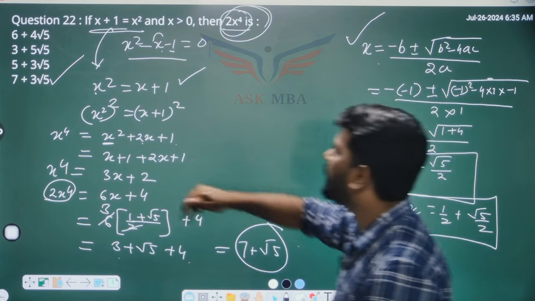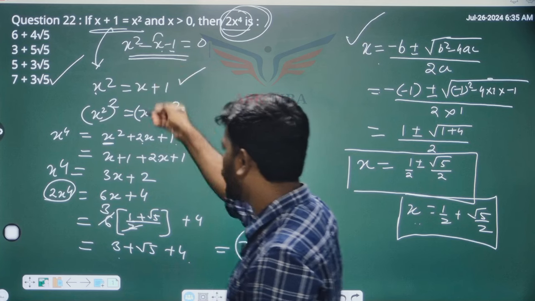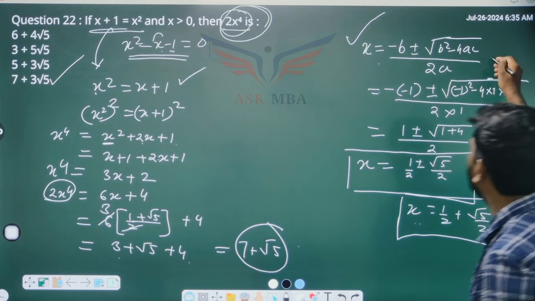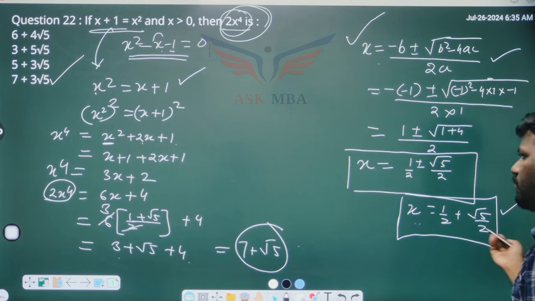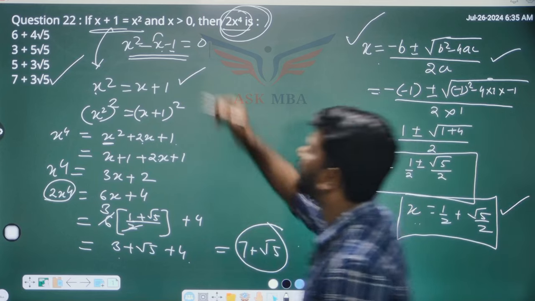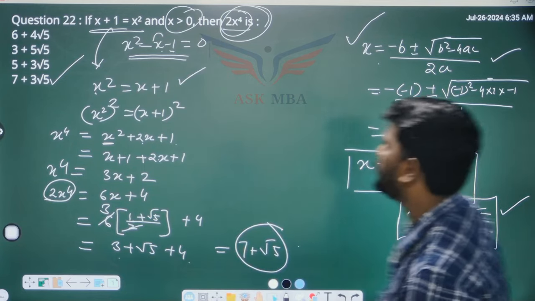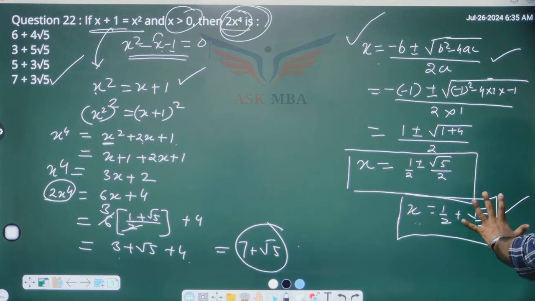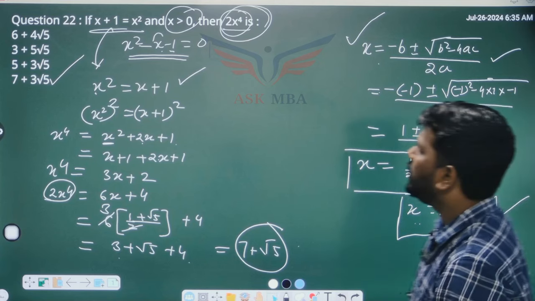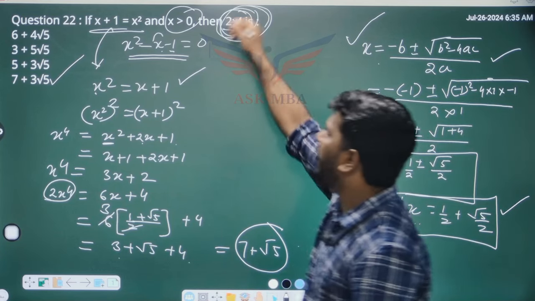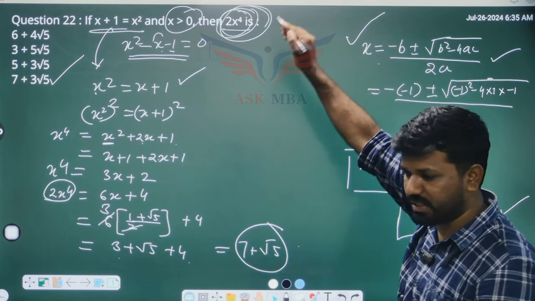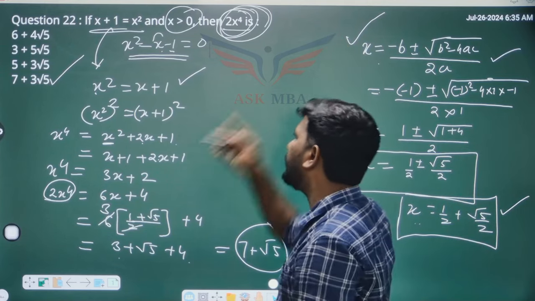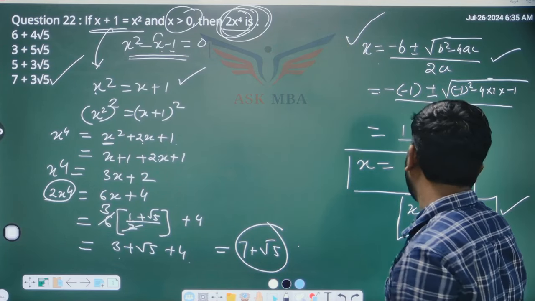Okay, so we started with the equation and formed the value of x. From here we found the value of x. We cannot take the minus one, because it is clearly said that x has to be greater than 0, for which we have neglected the minus value. Now the target was to find 2x to the power of 4, which will be complicated if you directly put x equal to this value.